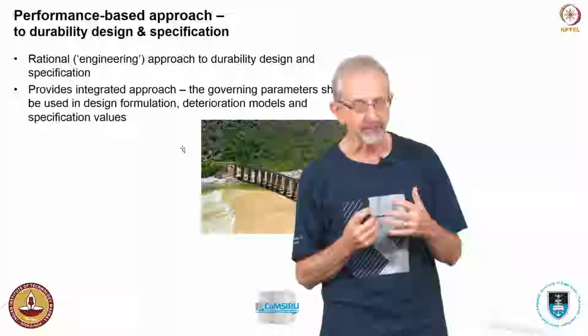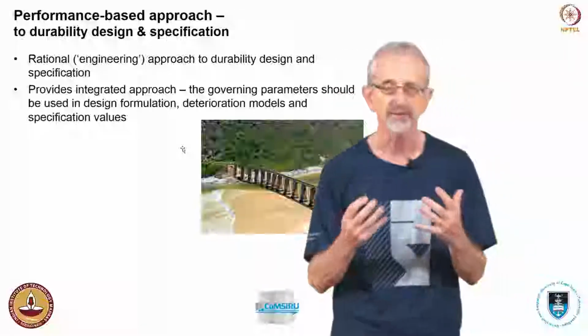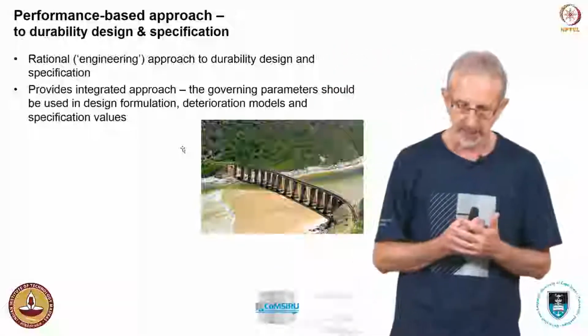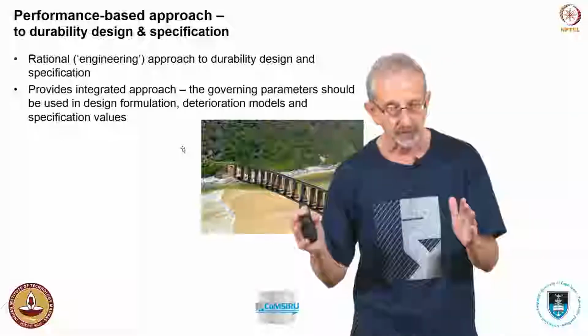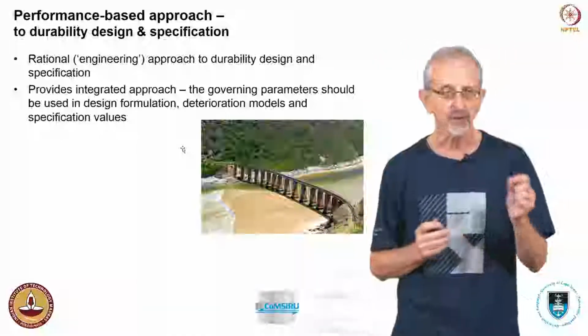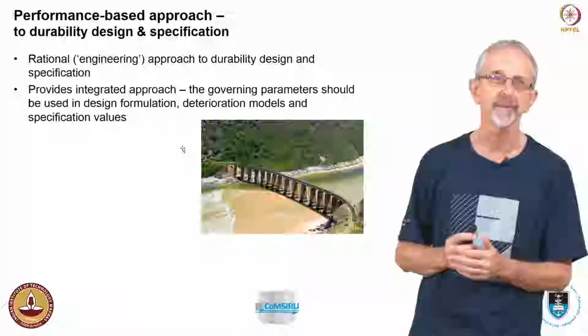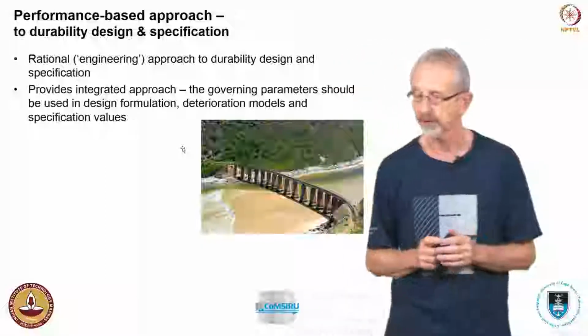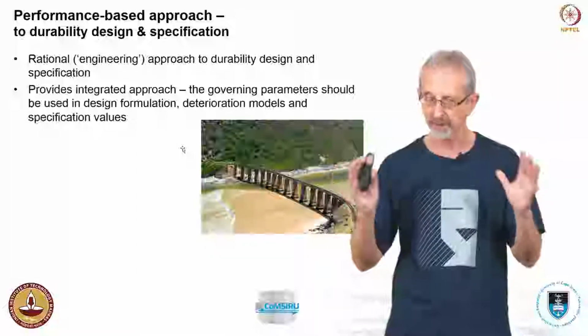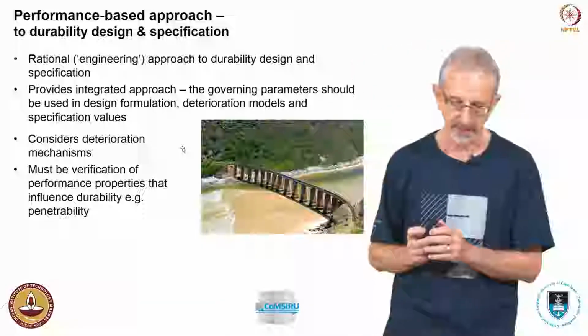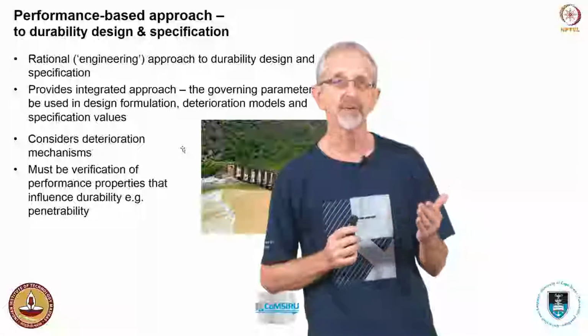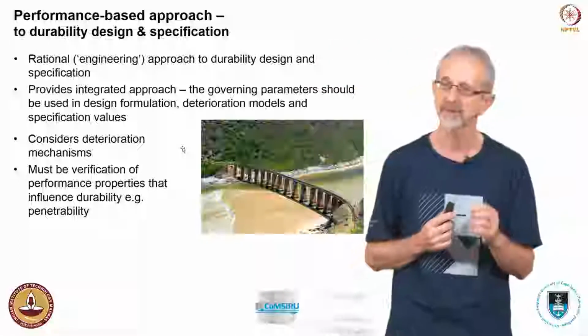Performance-based approaches allow us to have an integrated approach in which we use governing parameters, and I'll talk about some of those just now, in all kinds of different ways, in design formulation, in deterioration modeling, and then in specification and quality control on site. So you can see the big picture can emerge from this kind of thing. Also, in a performance-based approach, we have to consider deterioration mechanisms.